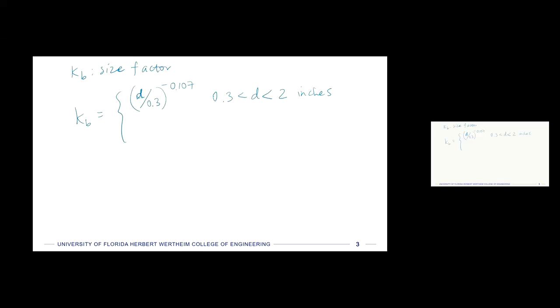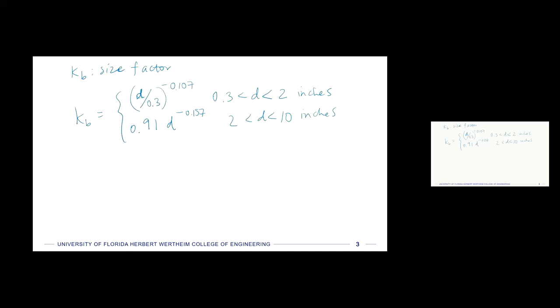And then if the shaft is bigger, up to about 10 inches, so this is going up into much heavier machinery, then this factor is approximated by 0.91 times d to the minus 0.157.